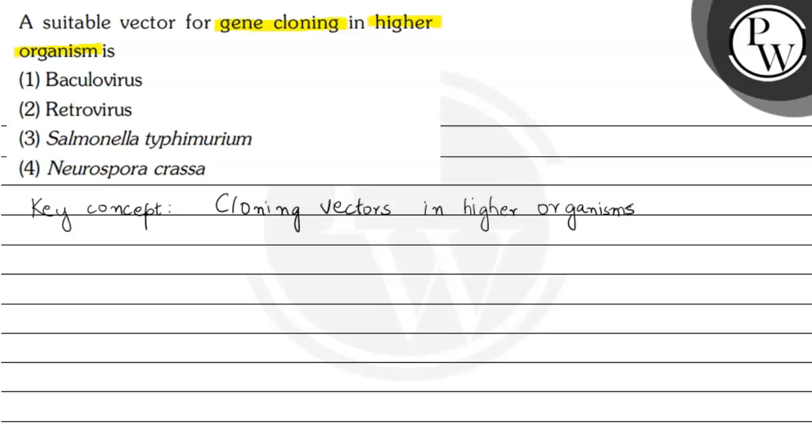So the best cloning vector which is used for gene transfer in higher organisms is retroviruses. So retroviruses have RNA as their main genetic component.